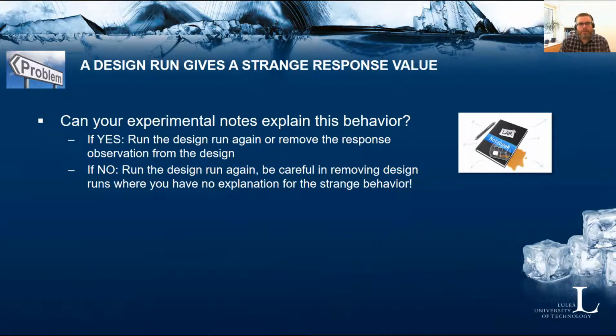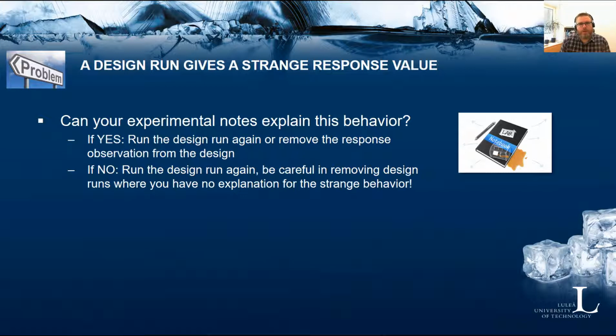Okay, this is a fairly common problem as well, that one design run gives a very strange response value, or at least it's strange compared to the other response values we have. In these cases, it's good to go back to the experimental notes and see if there is something in the notes that can explain this behavior.